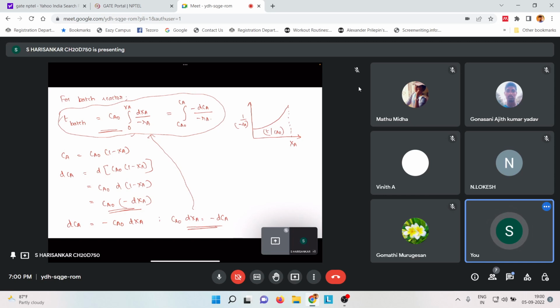If we take the plot with respect to the second equation, we take 1 by minus Ra against Ca. The plot will be like this, where this will be Ca0 and this will be Ca, and the area under this curve will be t. These are some of the things that you have to note when it comes to design of a batch reactor.